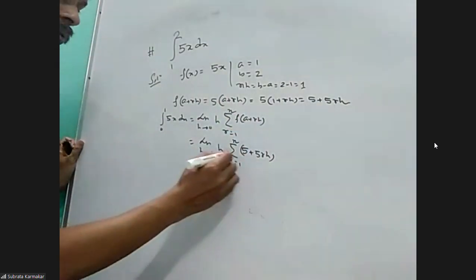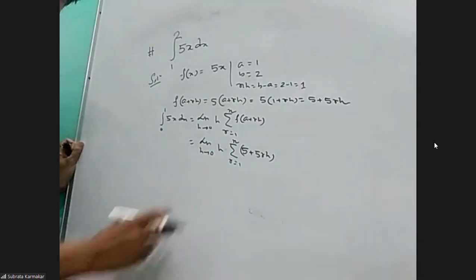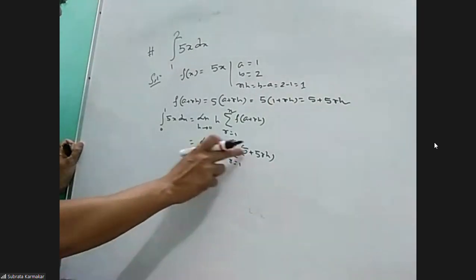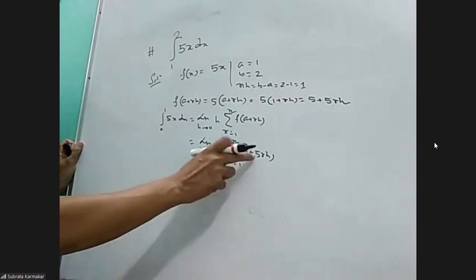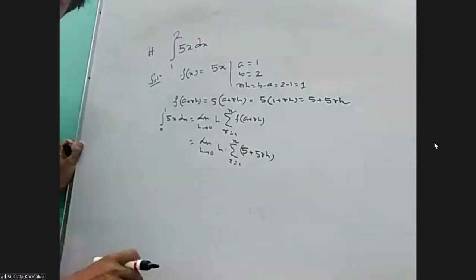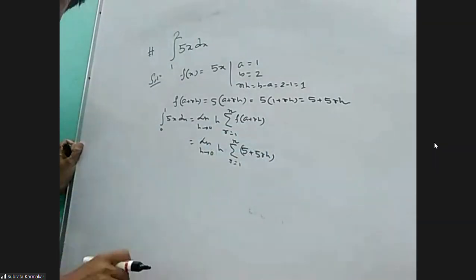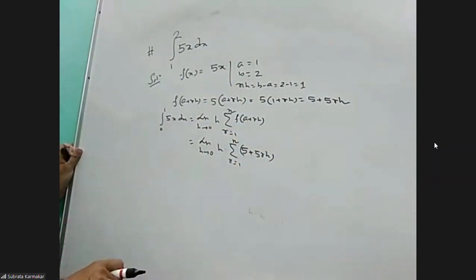Okay, so how will we do this? If you split this one, 5h plus 5rh, isn't it? So how will you do this?